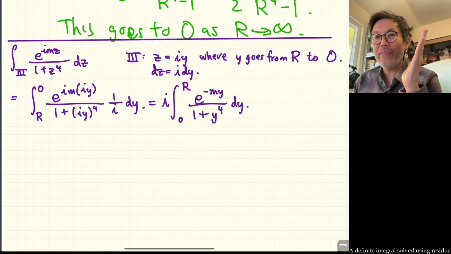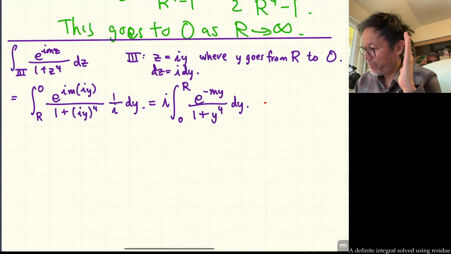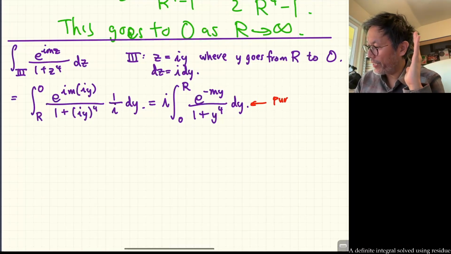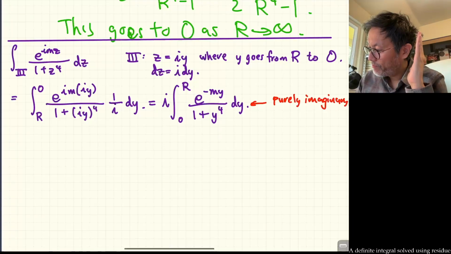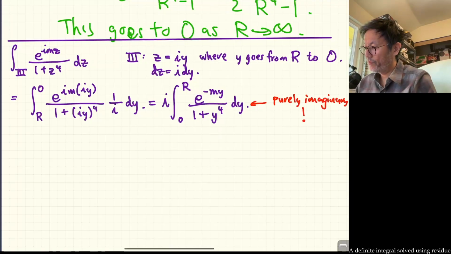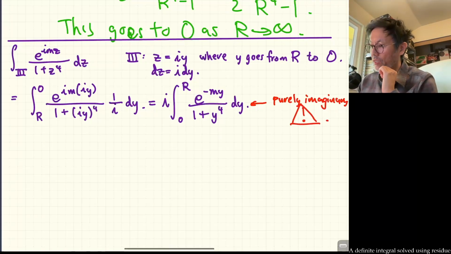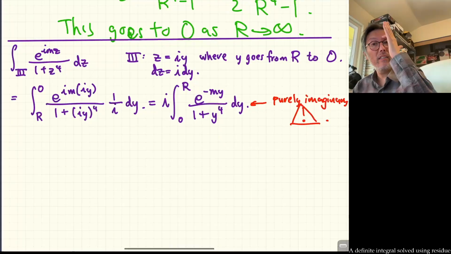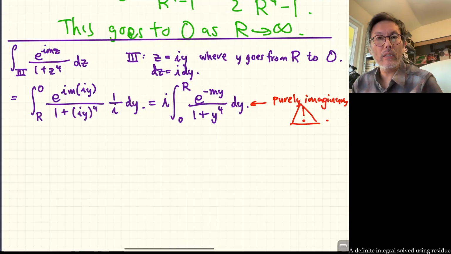And the point is that this thing here is purely imaginary. There is no real part. Very important. This is purely imaginary. There's no real part of this complex number.